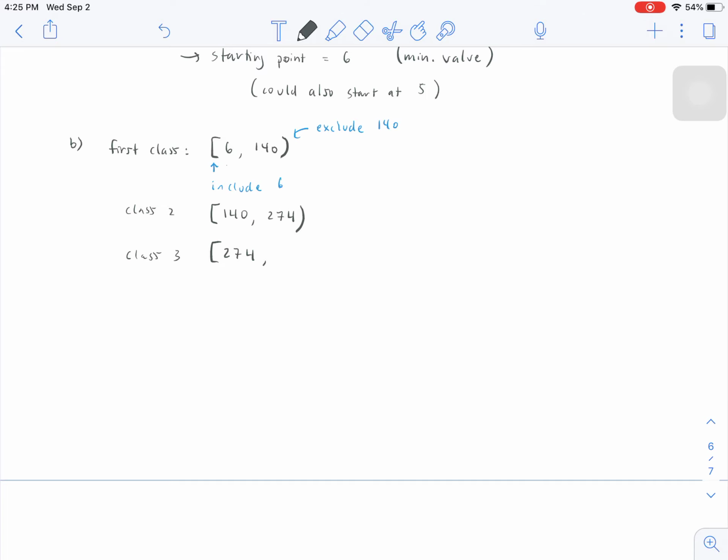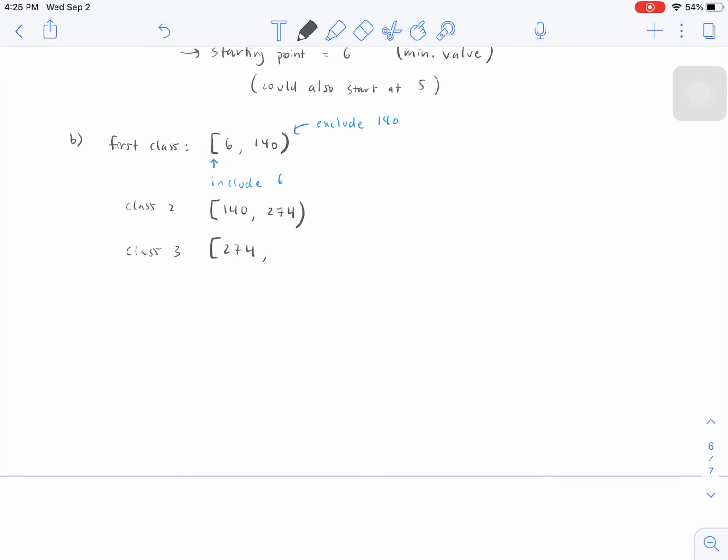And remember, we determined that we were going to do 6 classes. So 274 plus 134, which is 408. Next one starts at 408 and goes to 542. 542 to 676.